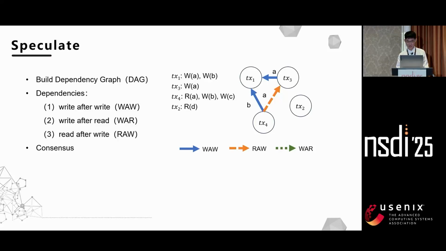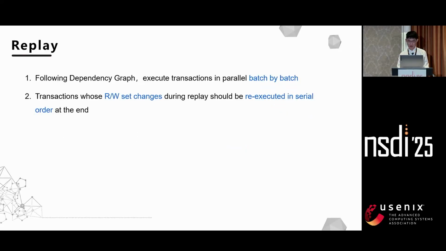After the speculation, we make a proposal of transactions and the information obtained in speculation, and process the consensus. Then in the replay phase, we execute transactions batch by batch based on the schedule shown in the dependency graph. And we need to validate the execution results of transactions. If read and write sets of some transactions are different from those in speculation, we should re-execute them in serial order at the end of the block.